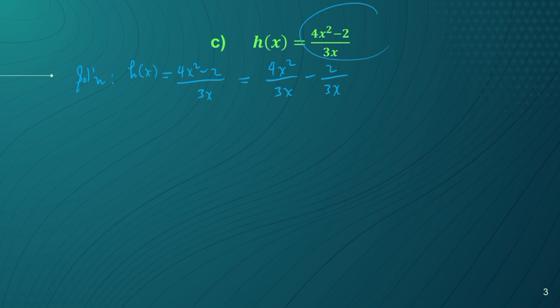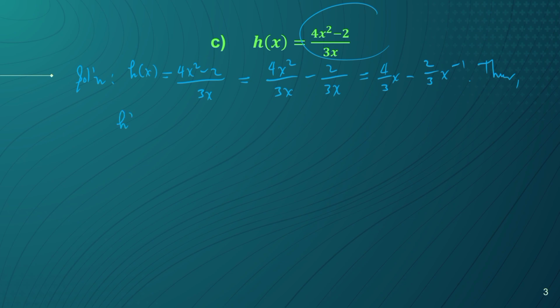Simplifying further, it's equal to 4x squared divided by 3x, that's 4/3 x, minus 2/3 x raised to negative 1, right? Thus we can now find the derivative easily.